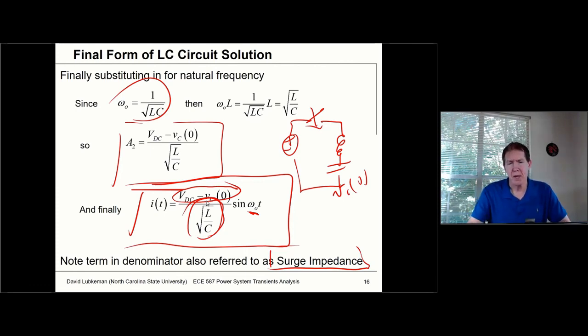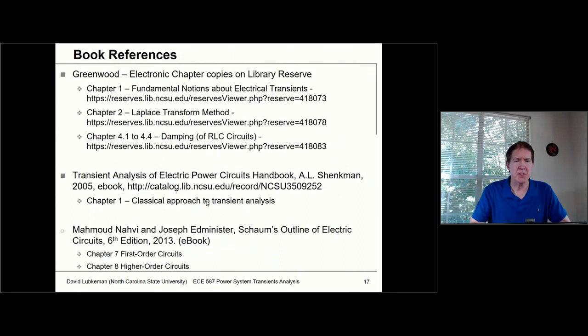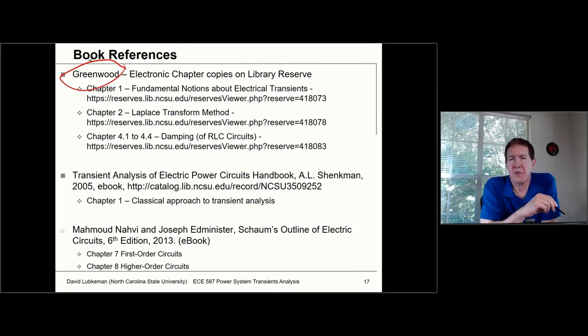So anyway, if you want to do some additional reading on this, we've got some readings on reserve in the library. You can go to Greenwood's book, and he goes through this in chapters 1, 2, and 4. The thing about Greenwood's book, though, is he uses Laplace transforms to solve a lot of these, where I use a different method.